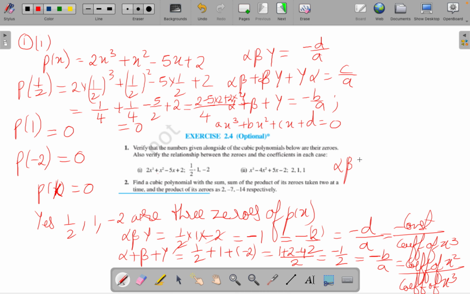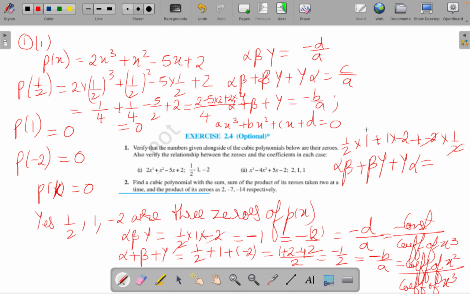Similarly, alpha into beta into gamma is equal to, what is the relation? First let's find out. Half, okay, this we have already done. The sum of the products of the roots, we have to do this. All right, alpha beta plus beta gamma plus gamma alpha. This is what we have to find. Now this is half into 1 plus 1 into minus 2 plus minus 2 into half.